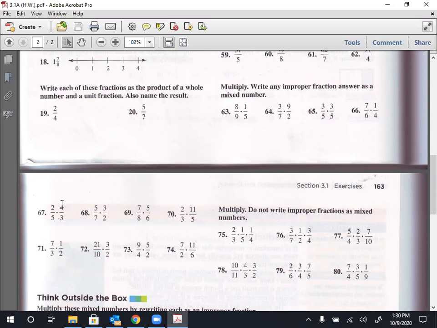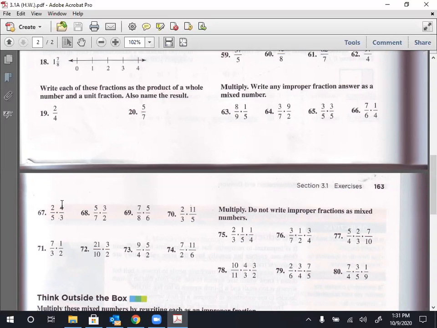Now we're going to change that improper fraction into a mixed number, so we divide 7 by 6. 7 divided by 6 is 1, meaning each person got 1.